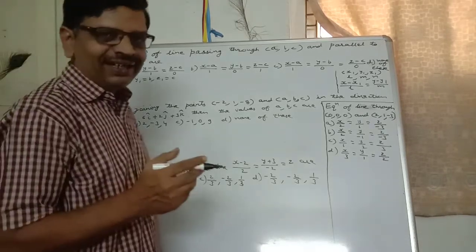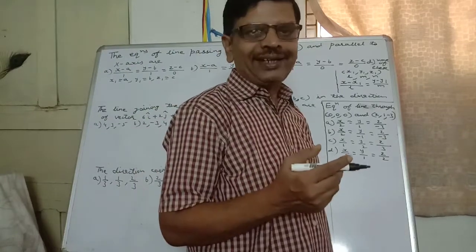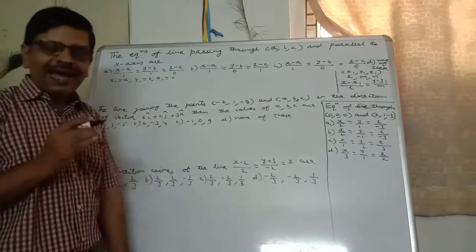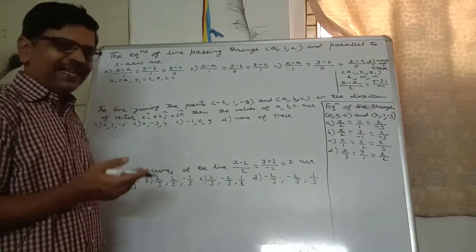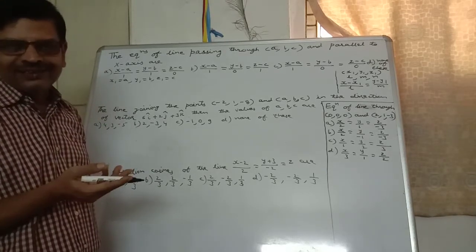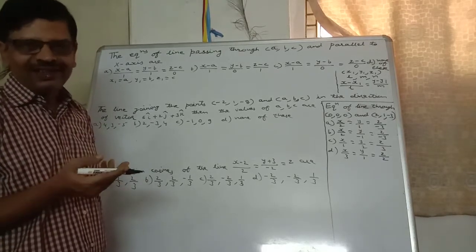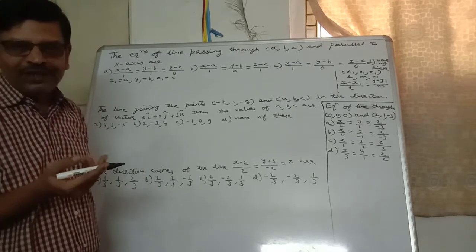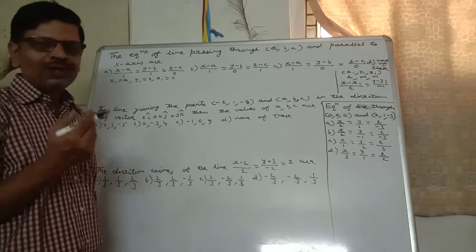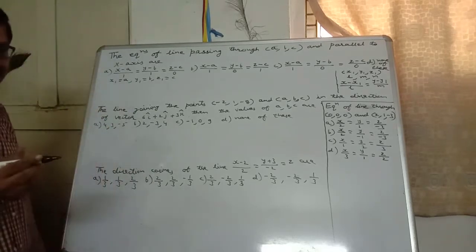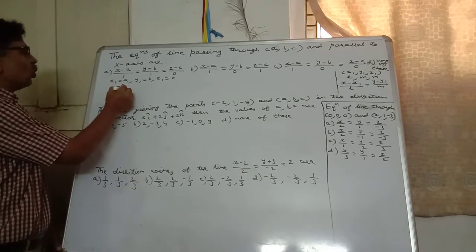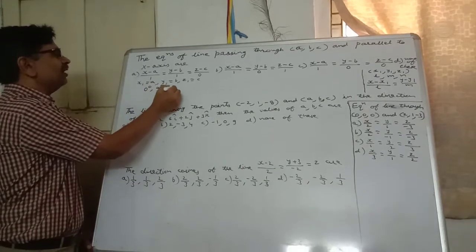Angles made by a line with the positive coordinate axes are the direction angles of the line. The angle made by the x-axis with the x-axis itself is 0. The x-axis is perpendicular to the y-axis, so the angle between them is 90. The x-axis is also perpendicular to the z-axis, so the angle between the x-axis and z-axis is also 90. So the direction angles of the x-axis are 0, 90, 90.